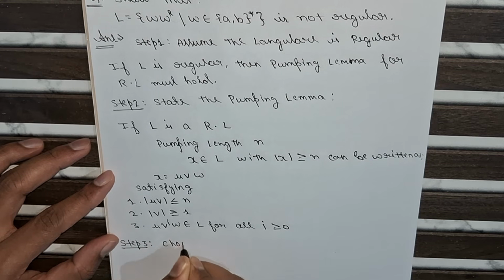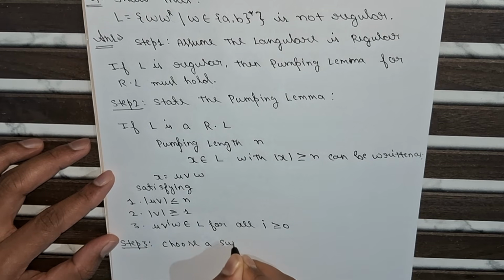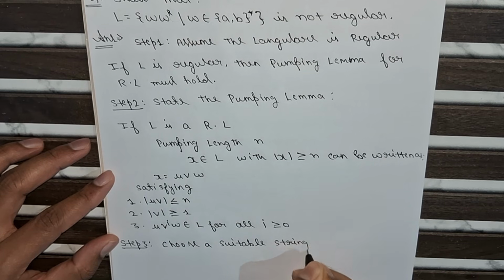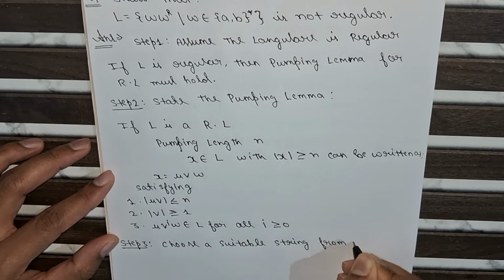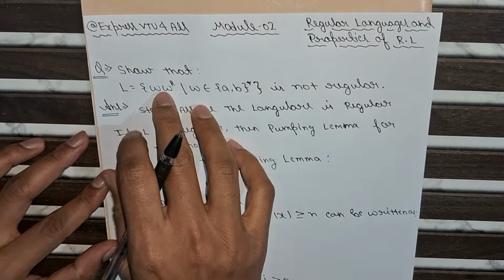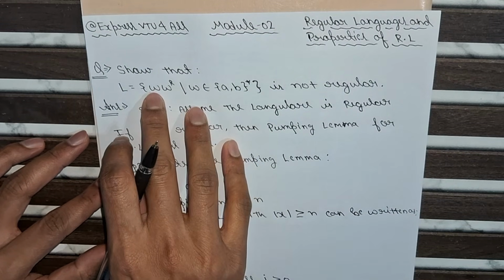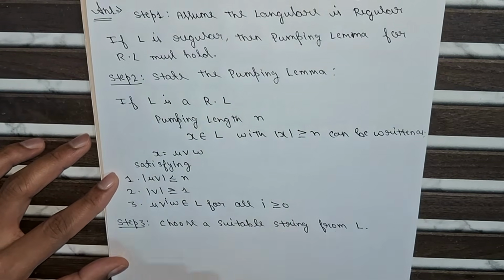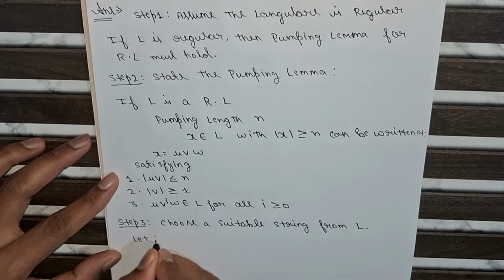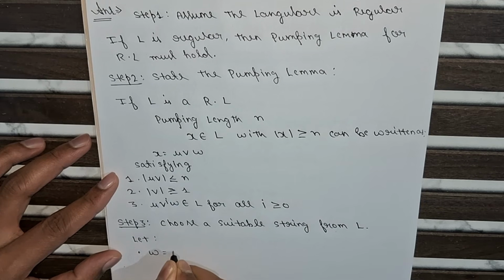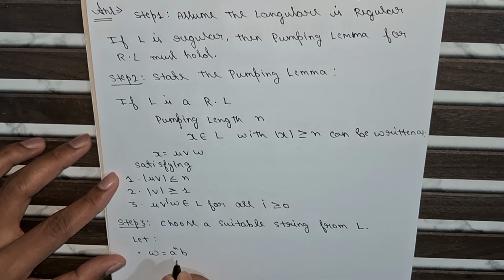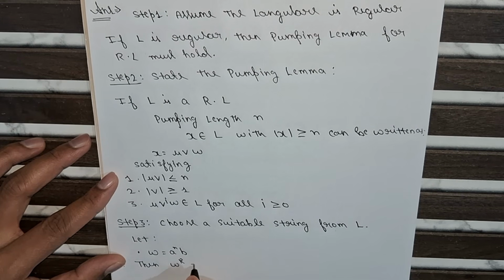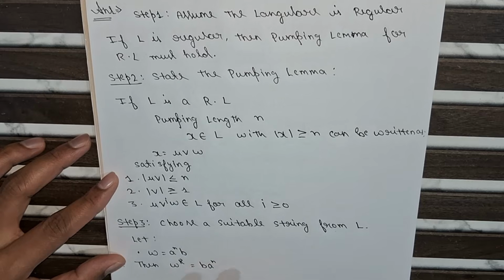We will choose a suitable string from the language given here. So the language is w w^R, which means we take a string of a's and b's and we reverse that. Let w = a^n b, then w^R = b a^n.